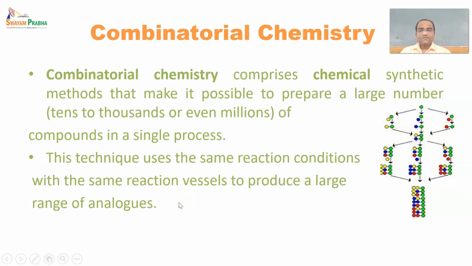One more disadvantage is that once these compounds are formed in a single vessel, it is difficult to isolate them, or it requires time to isolate. We will come across the limitations of combinatorial chemistry at the end of this session. So from this figure it is understood what combinatorial chemistry or combinatorial synthesis actually is.